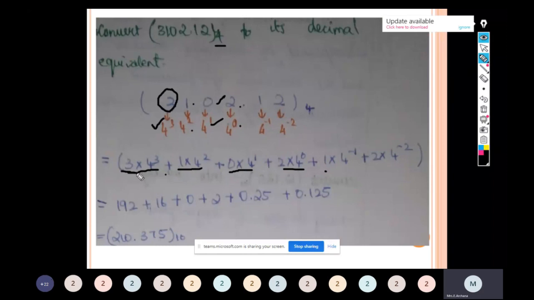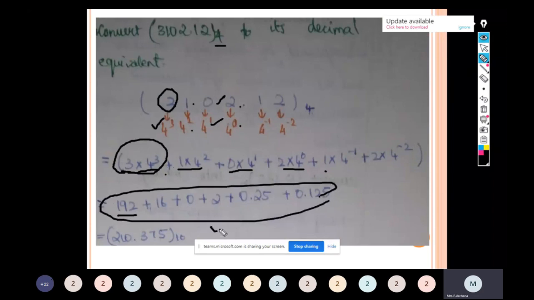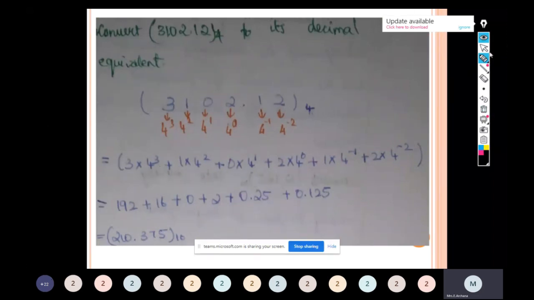We find the value for 4 cubed multiplied by 3. The answer is 192. Like this, we find out each value, and then sum all the values to get the result. This is any radix to decimal conversion.